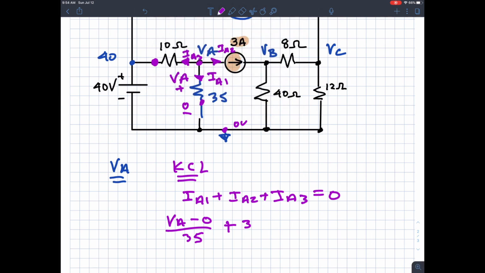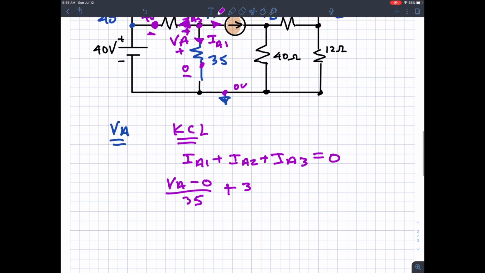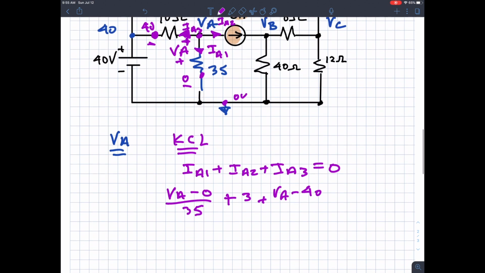That dot would be 40 volts. You slide the dot, that's 40. Slide the dot to the other side, that's VA. The reference would be plus and then minus based on the direction of current flow. I'm moving this way, so plus goes first, minus goes second. So that would be plus VA minus 40 divided by 10.